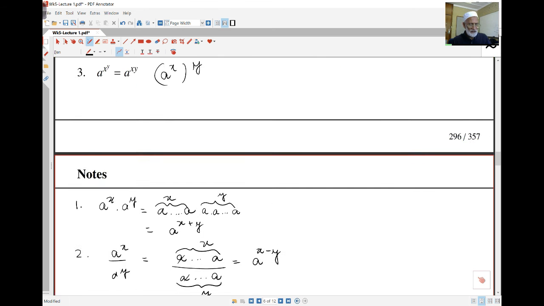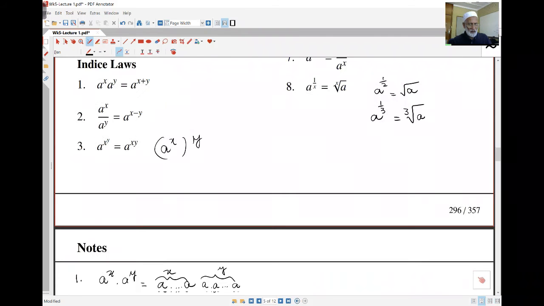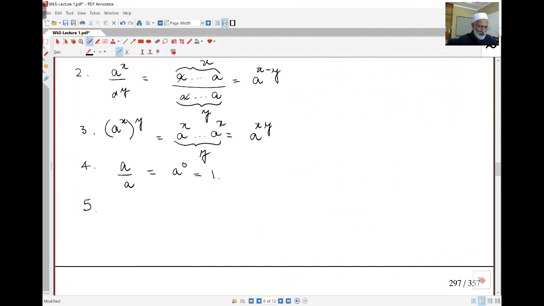The fifth one says a times b, all to the x. And so here, if I write that down again in full, that is a times b, and then again a times b, and I have this x times.